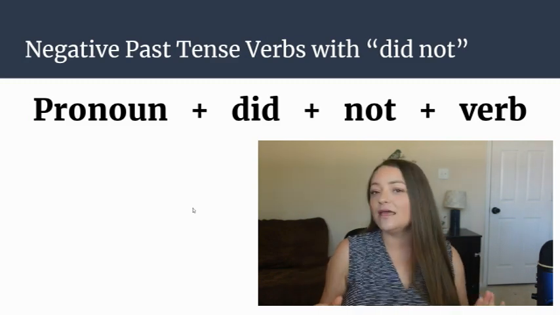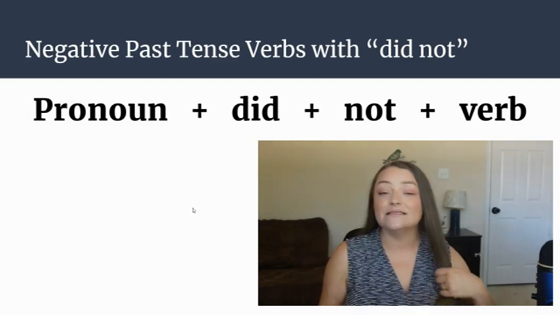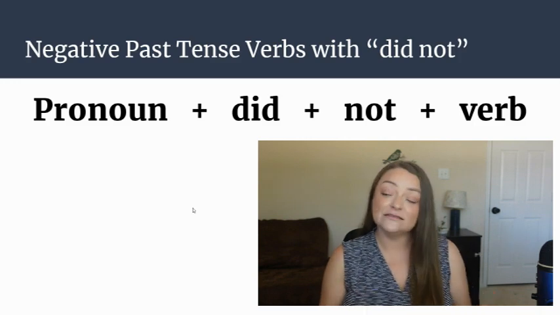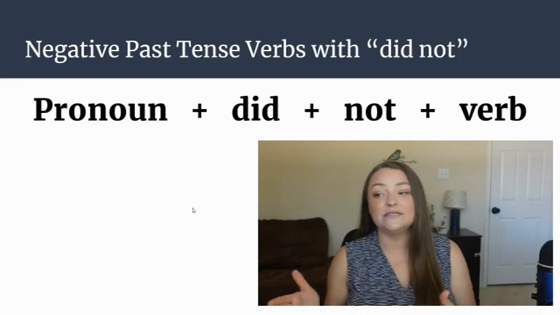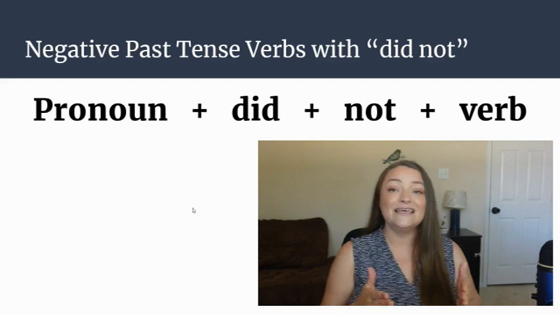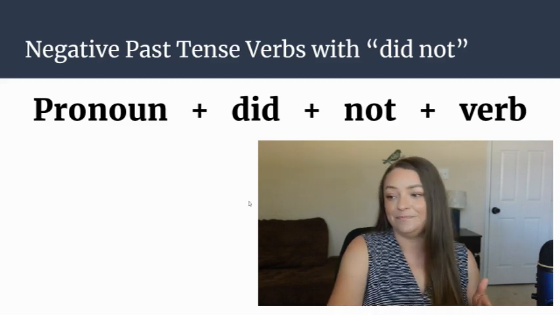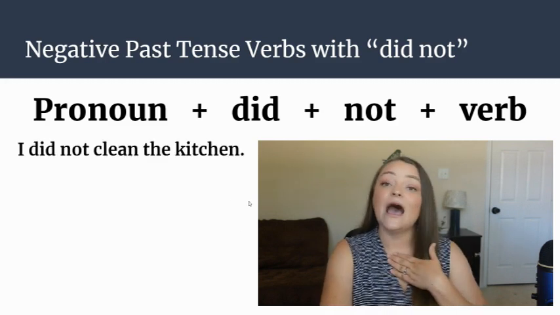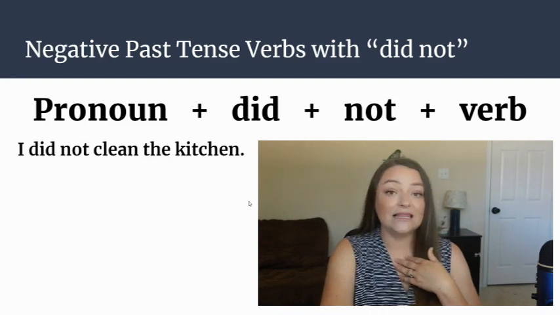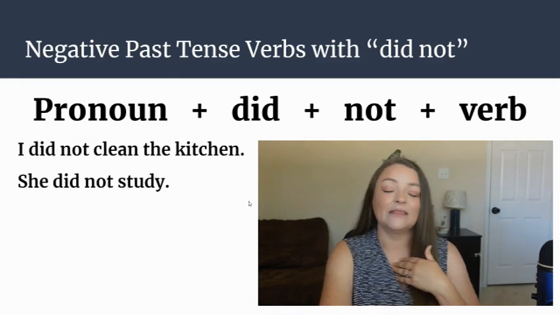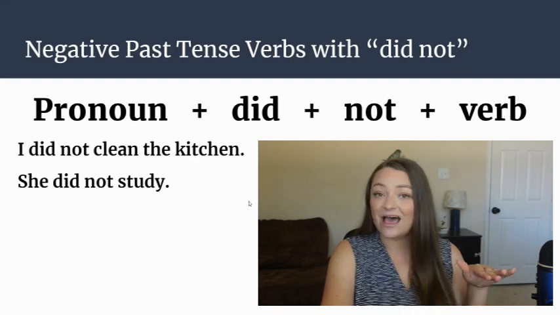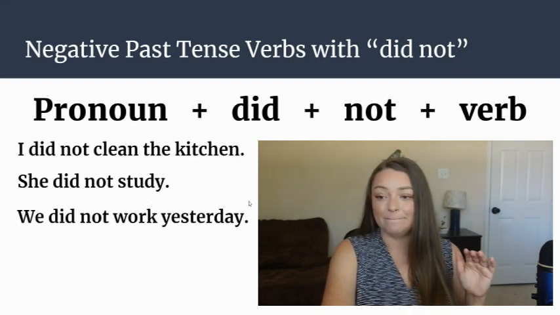Exactly like we've already done in present tense verbs in the beginner lessons, we're going to do that with our past tense verbs here. So pronoun, did, not, and then the verb. For example, I did not clean the kitchen. She did not study.